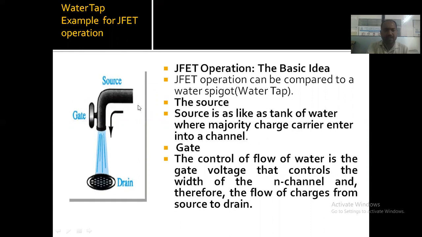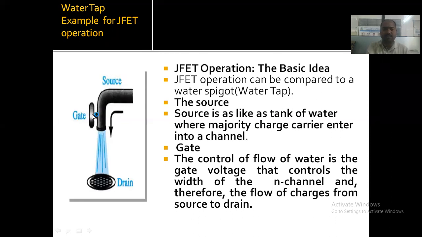So it should be considered as a majority charge carrier. A large number of majority charge carriers travel from your source to the drain. Before traveling from your source to the drain, they are controlled by the gate terminal.